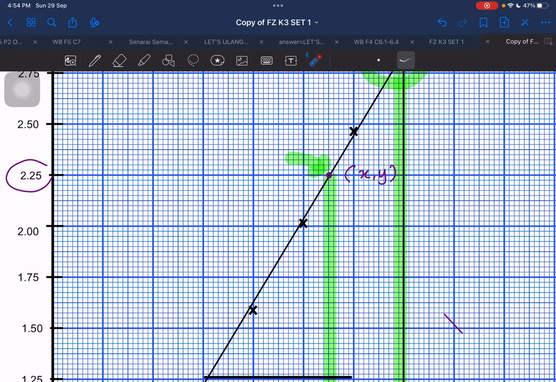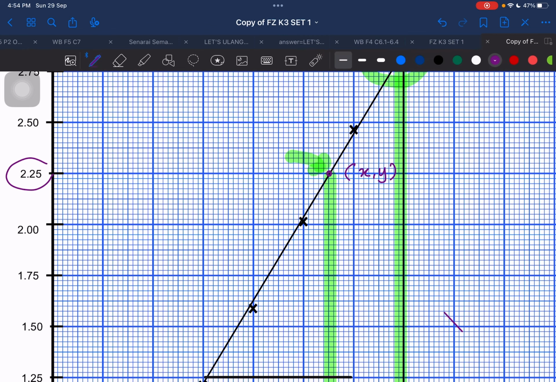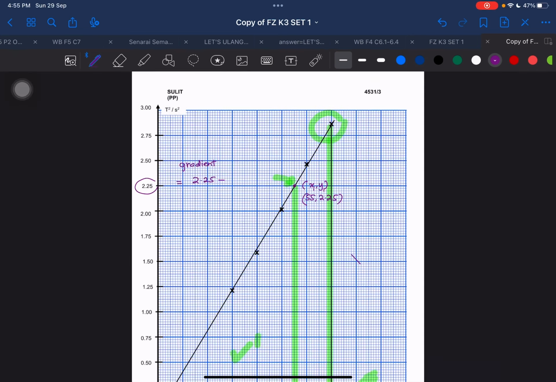Okay, so I write like this: 55, 2.25. So for the gradient, I write here: gradient is equal to y, 2.25, this is y1, x1, minus, where is your y2?